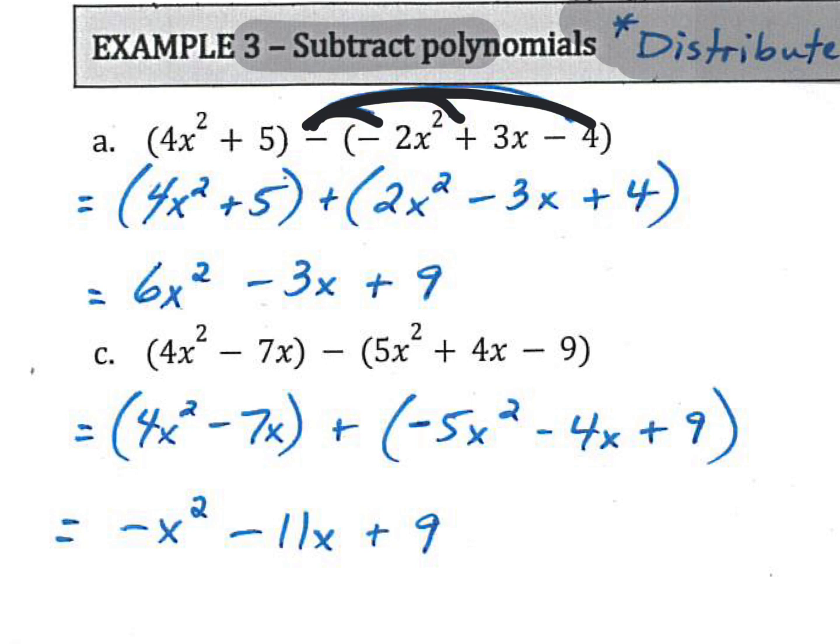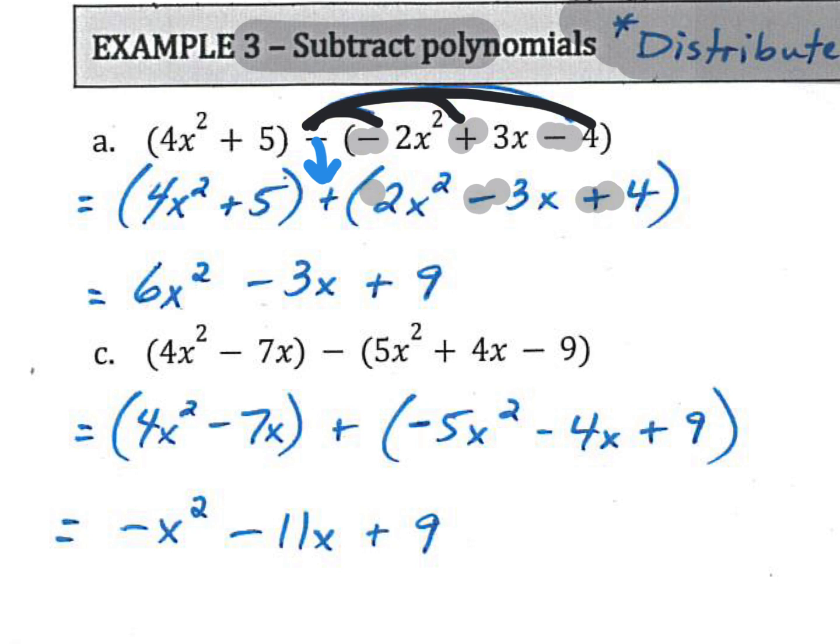The result is this negative 2x squared will turn into positive. The plus 3x will turn into minus. The minus 4 will turn into plus 4. But now we have this plus sign in between the parentheses instead of the minus. So note that this changed. It went from minus to plus when we distributed the negative sign.